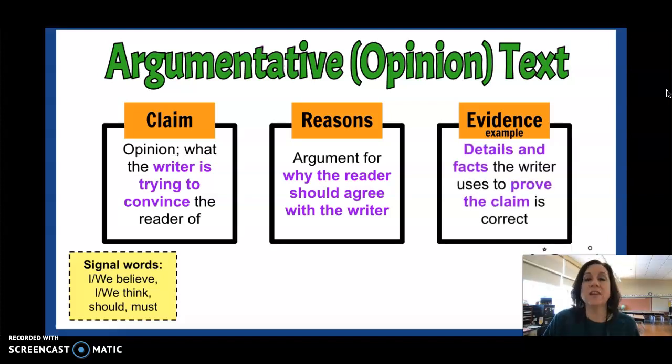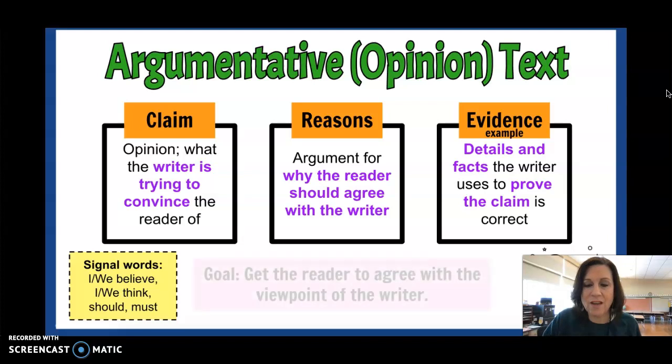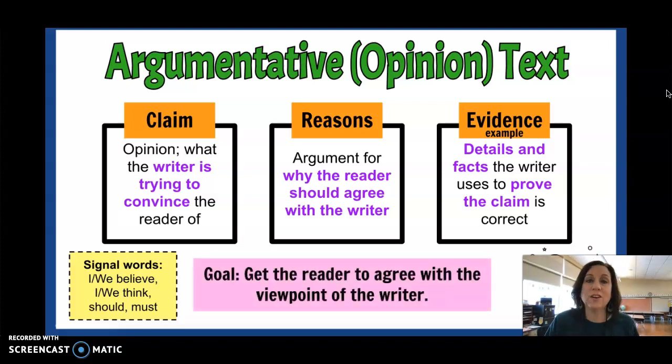And then the evidence. Evidence is the details and facts the writer uses to prove the claim is correct. So it's evidence going, hey, this is why I'm trying to convince you about this claim. These are the reasons why. All right? So the goal here is to get the reader to agree with the viewpoint of the writer.